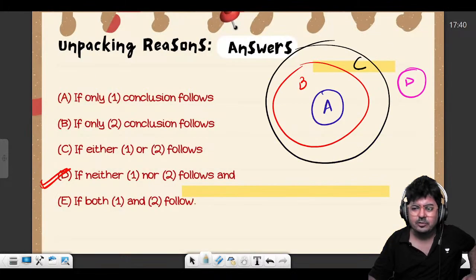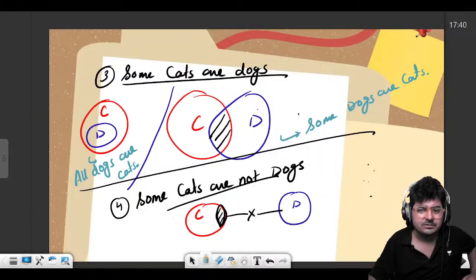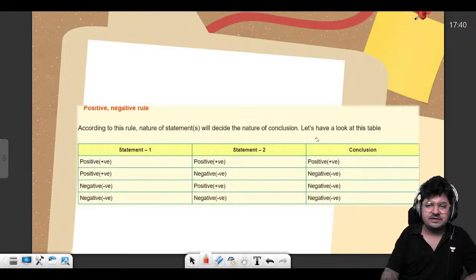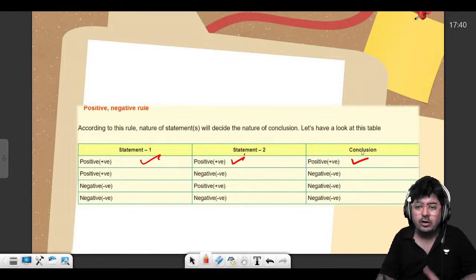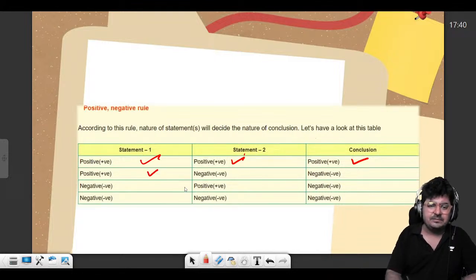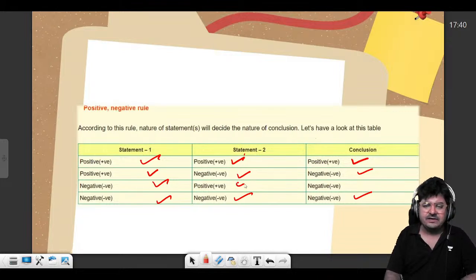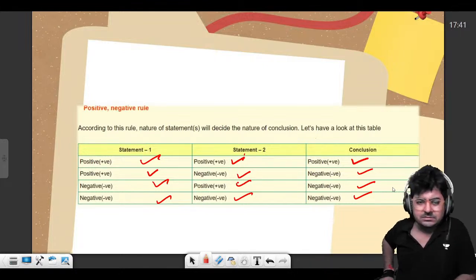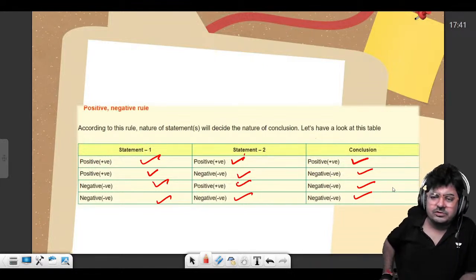Before we start, I forgot to tell you one point that I had noted down: the positive and negative rule. Just remember this, it will help you solve syllogism problems. If two statements are positive, then the conclusion shall also be positive. If one statement is positive and one is negative, the conclusion will be negative. If both statements are negative, again the conclusion will be negative. So the conclusion will be positive only when all the statements are positive.